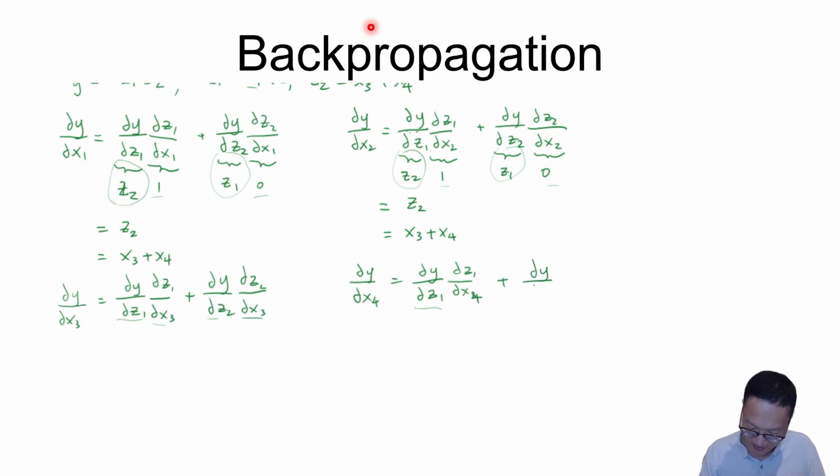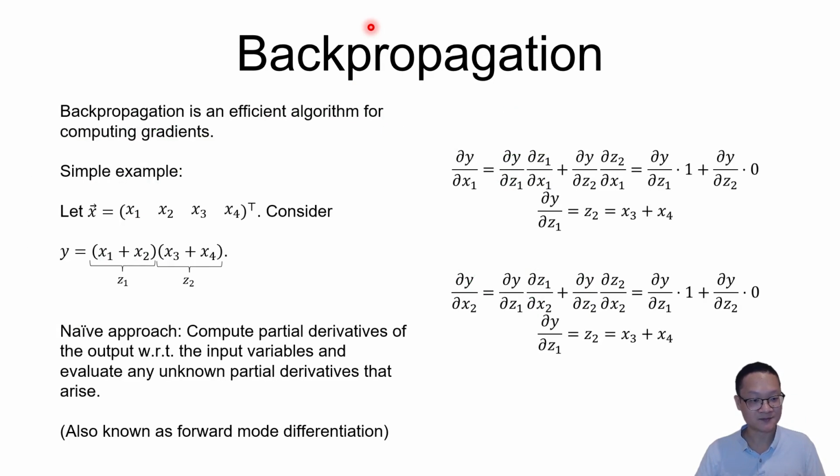And then next we have partial y, partial z2. Again, we already did that here, so now we're repeating it over here. And then this part is fine, right? So we have some repeated computations, which is why the normal way of simply what's called the forward mode differentiation, the naive approach, is not so efficient because we're repeating some of these computations.